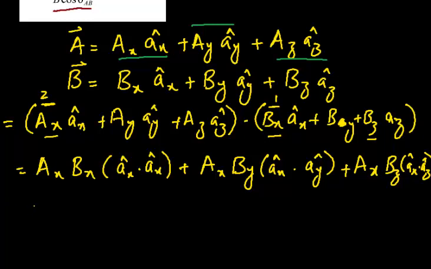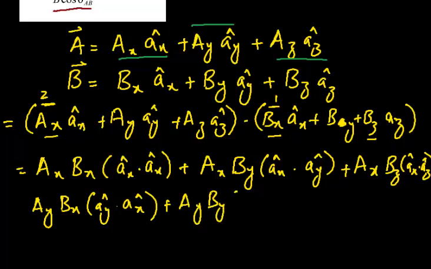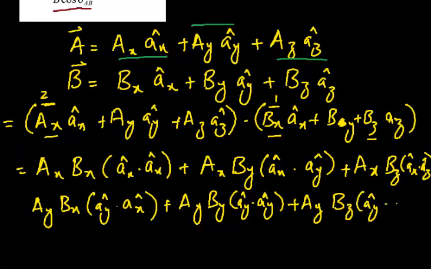Now again, AY has to go with the BX, so the AY unit vector is multiplied with AX. Likewise, AY will go with the BY, and here lie the same unit vectors AY and AY, and then AY is going to go with the BZ, so AY dot AZ.